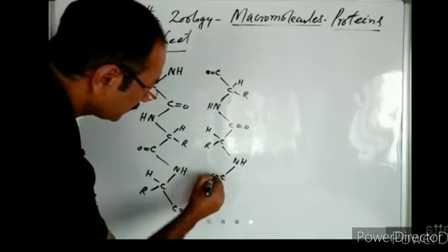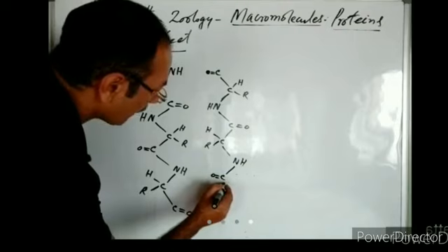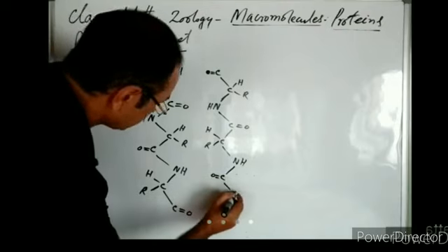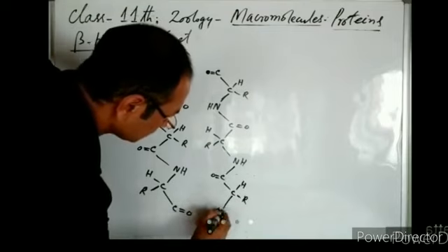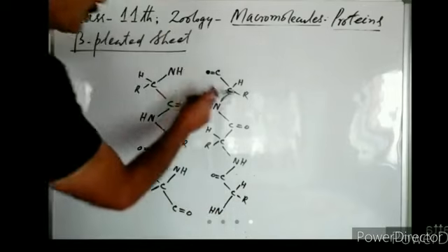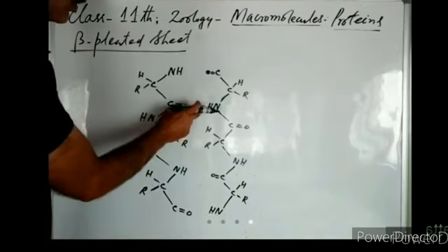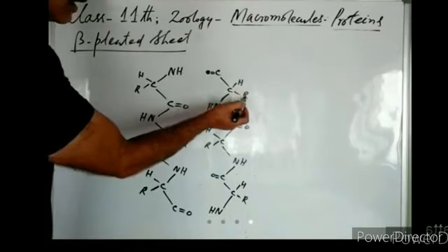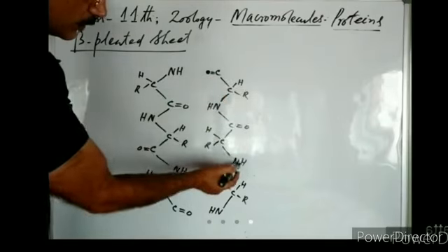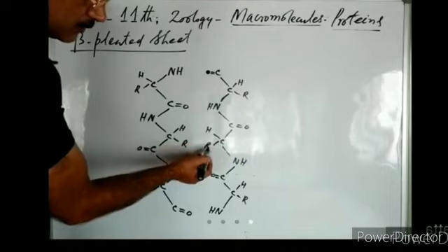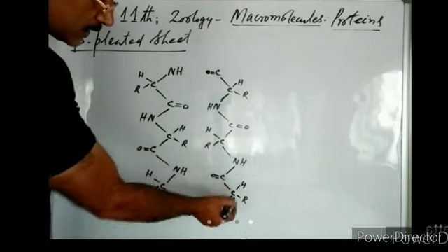C double bond O, C, H, R, NH. One amino acid. Amino group, alpha carbon, hydrogen atom, alkyl group, carboxyl group. Another amino acid. Amino group, alpha carbon, hydrogen atom, alkyl group, carboxyl group. Another amino acid.